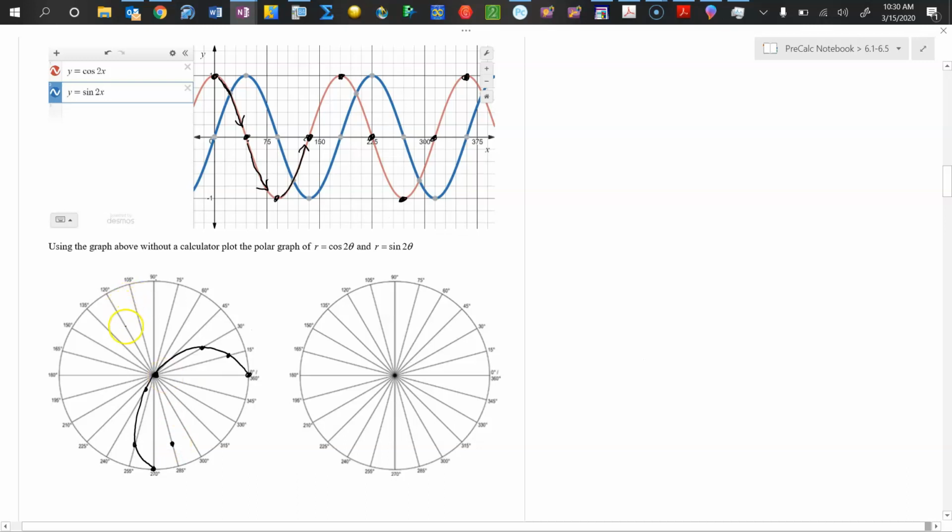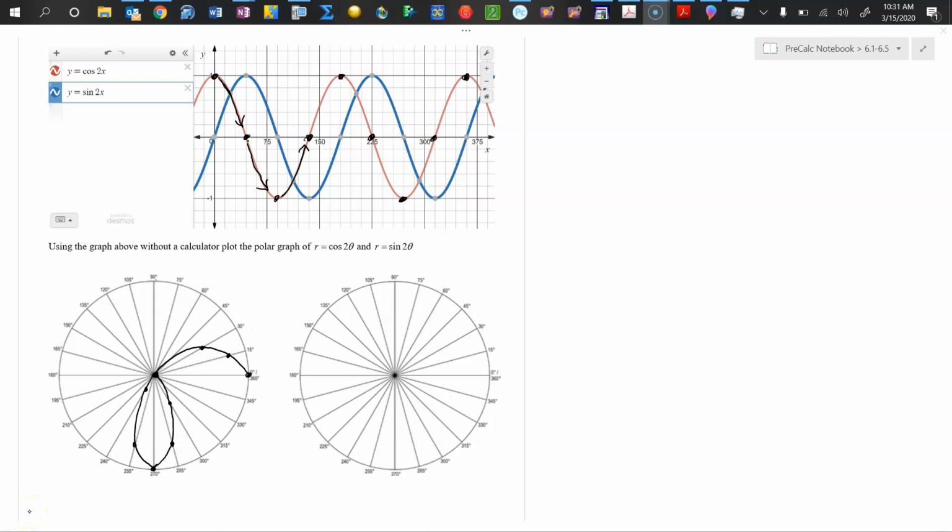And then as we go to 120 degrees, r is getting closer to 0, but still negative, and by the time we get to 135 degrees, we're back to 0. So our graph in our polar coordinate system is going to go like that.